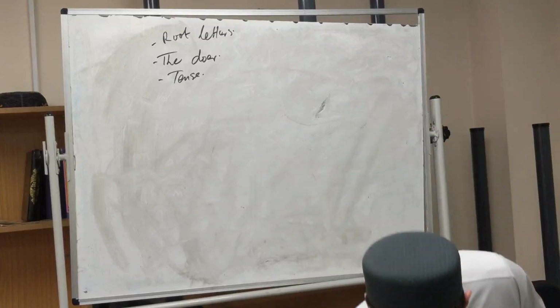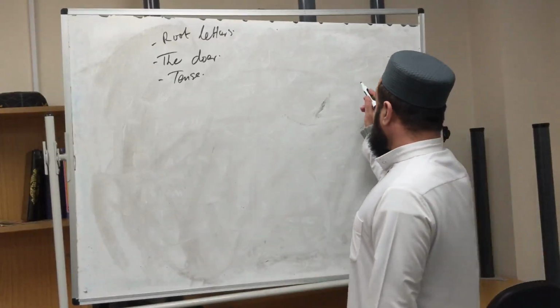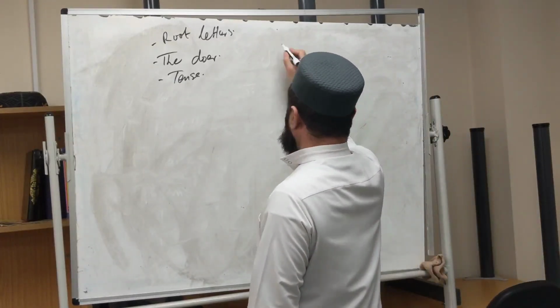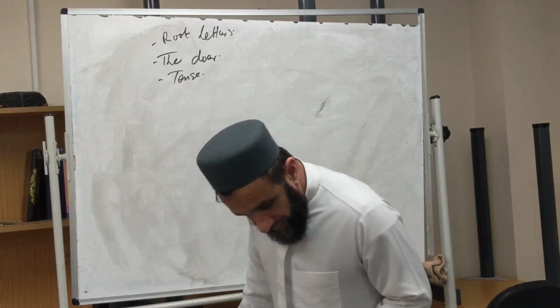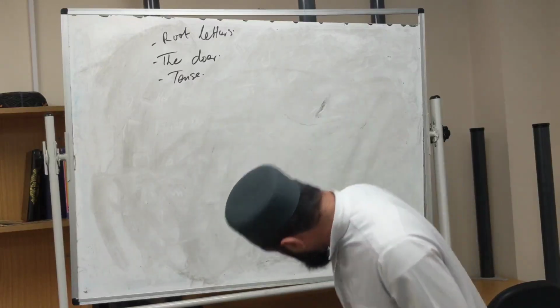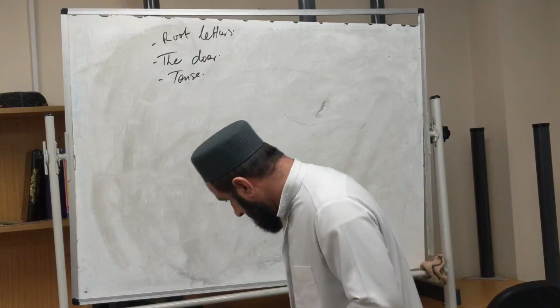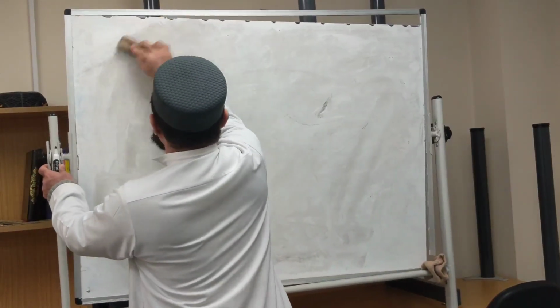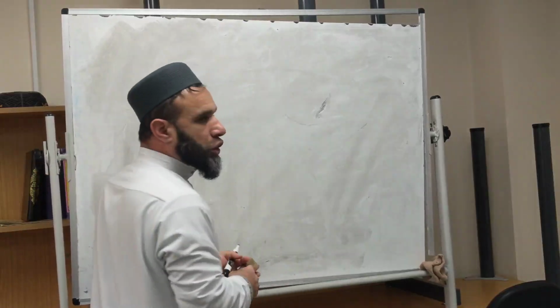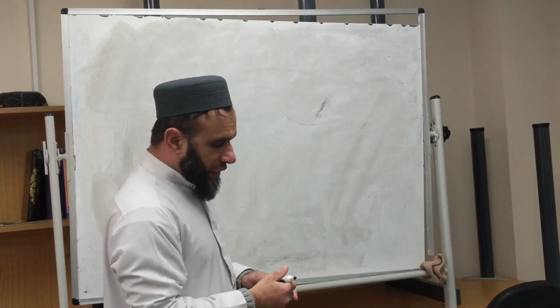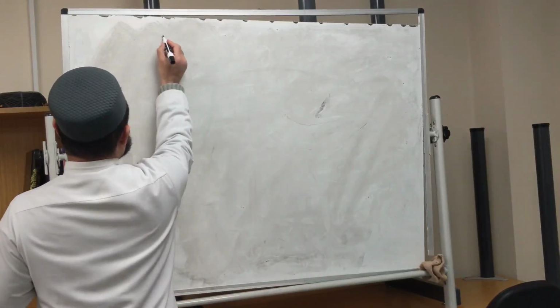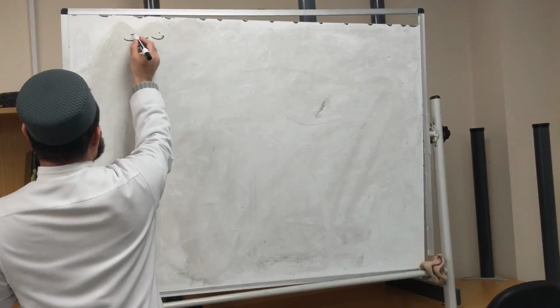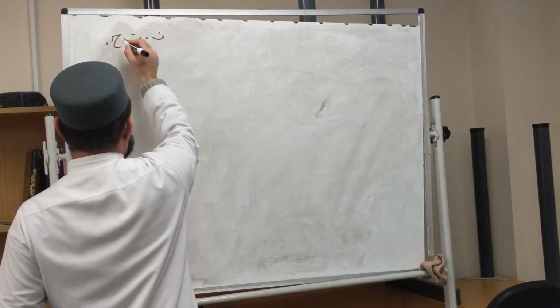Okay, so how to make fi'lul madi? We can have again the same, Fataha, for example. Fataha is the root letter. You need root letter first of all. So for example, the root letters are Fa, Ta, Ha.